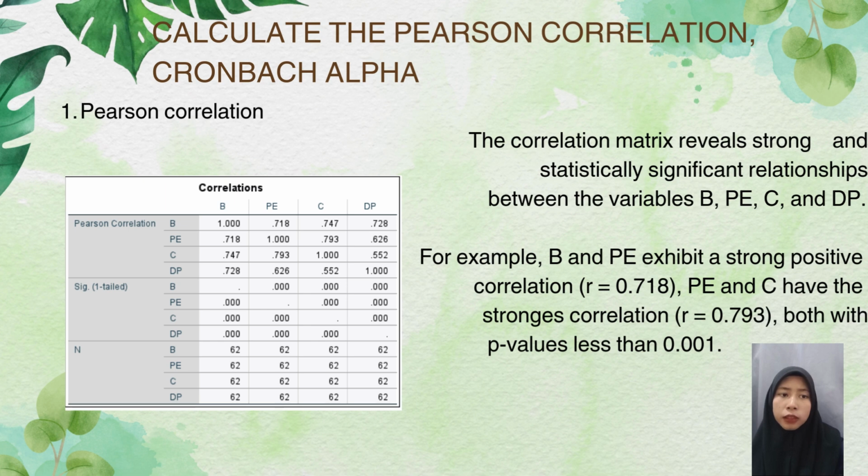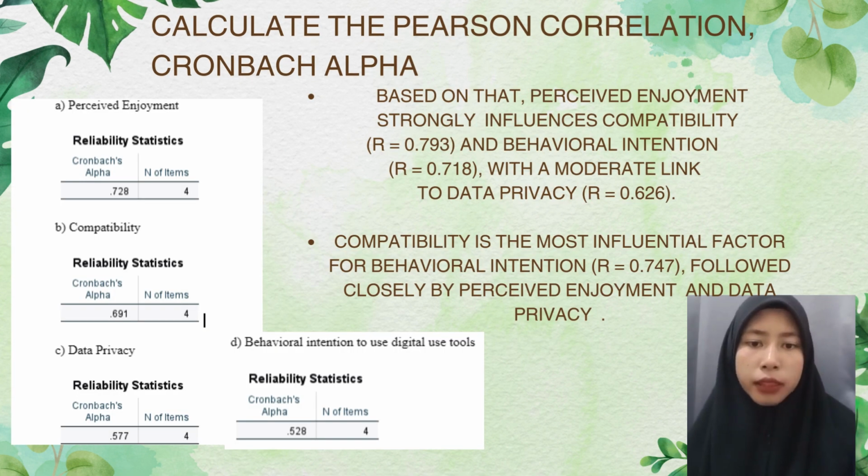PE and C have the strongest correlation, with R equal to 0.793, and both of them have a p-value less than 0.001. Next is Cronbach's alpha.